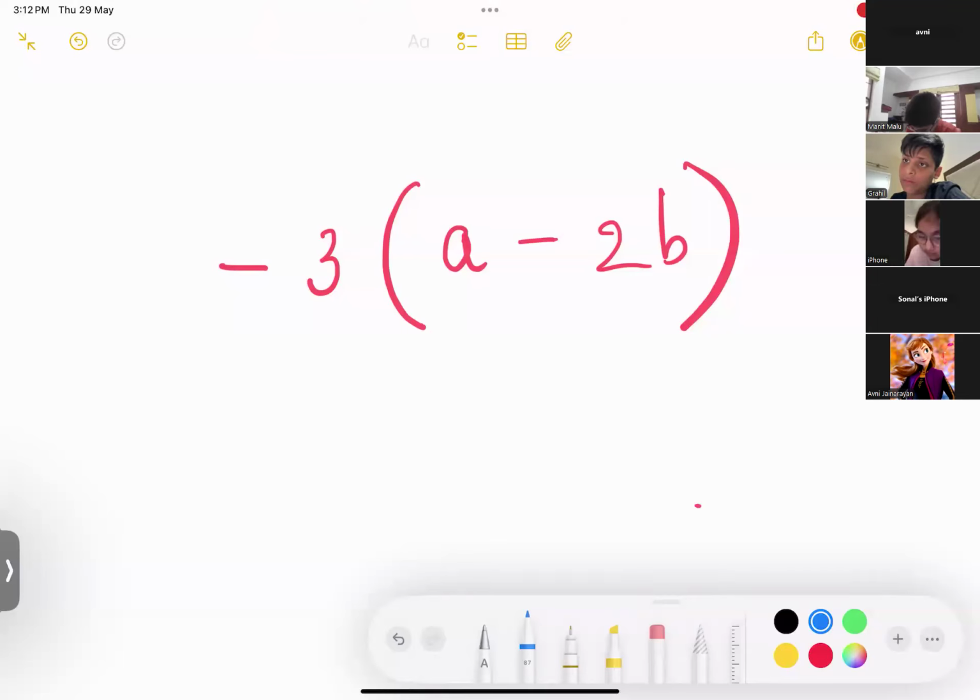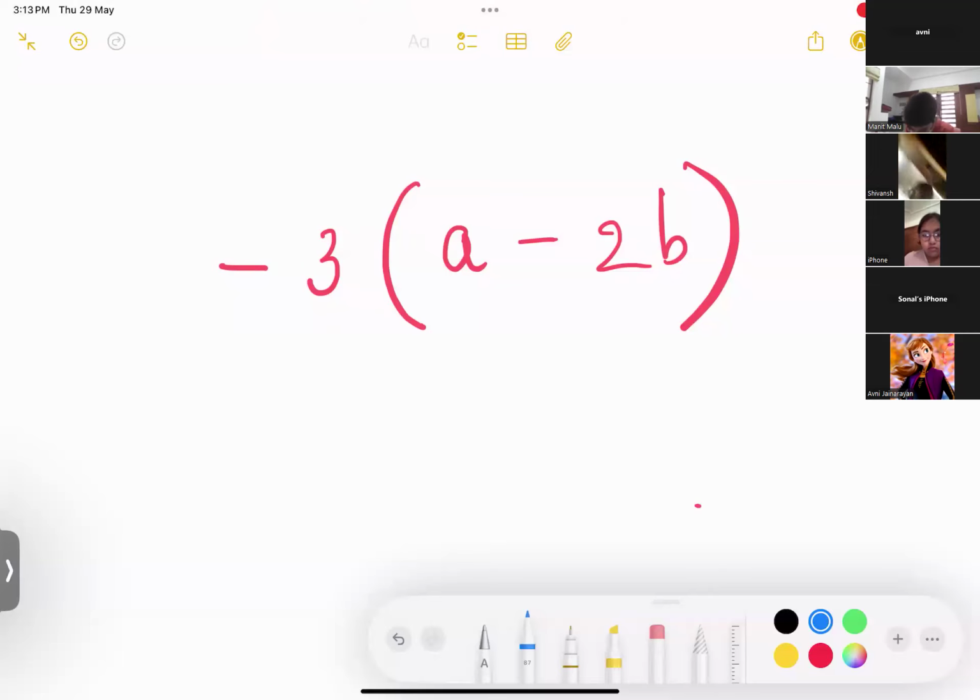3 times 2b, right? Give me the final answer. Very good, Ramanpreet. Very good. Sanvi, you have to give me the final answer, and it is wrong, Sanvi.